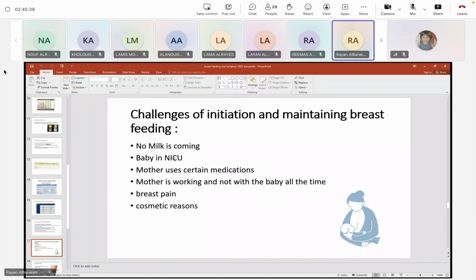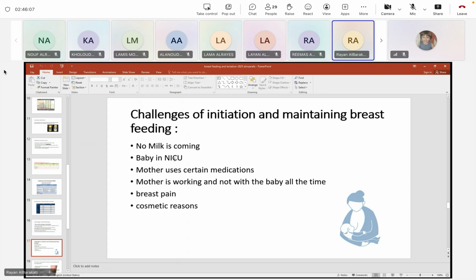Moving to the challenges of initiating and maintaining breastfeeding, which are very common. We are talking about this because we want to help mothers and promote breastfeeding. A lot of drug companies and milk formula companies want to promote the formula, and a long time ago there was no regulation to prevent them.